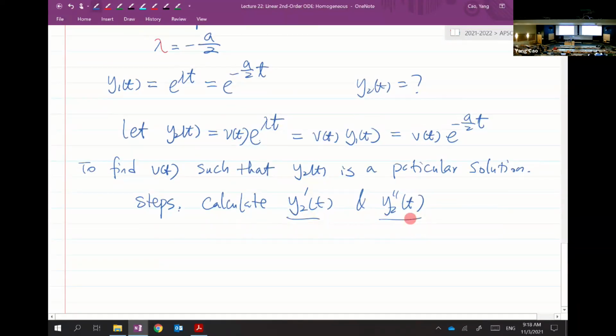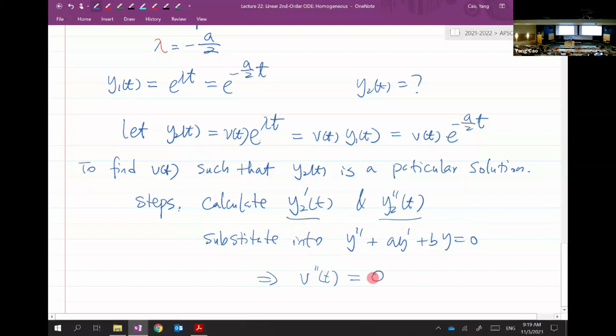You calculate these two, and then substitute into this y double prime plus a y prime plus b y equal to 0. So basically substitute back into this second order differential equation. If you do these two steps carefully, you'll be able to find that v double prime of t equals 0.